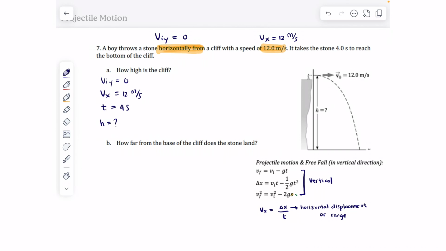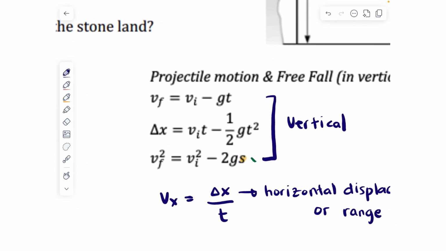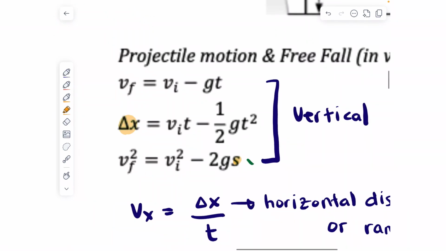Now, from the formula, h is actually related to the following symbols. So we have delta x and the s right here. So we are going to use the equation that has the quantity of height on it. The first equation doesn't have anything to do with height, so we don't use that. And if we look at the third equation as well, it says vertical final velocity, and we do not have that information, so we cannot use it.